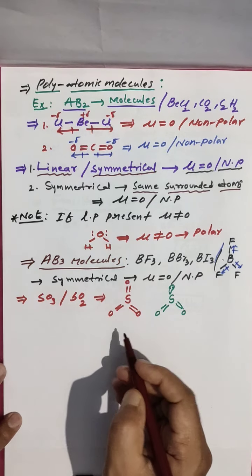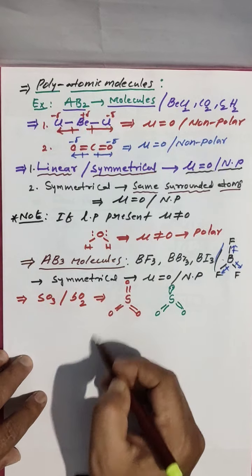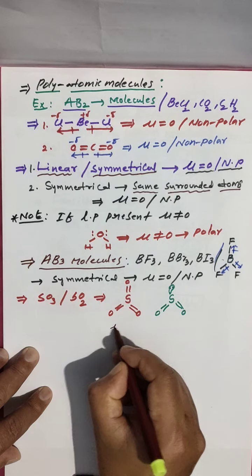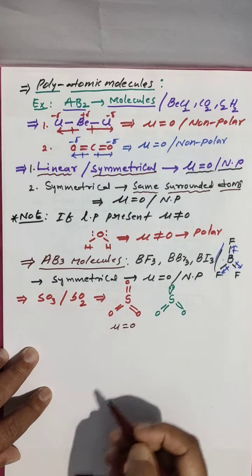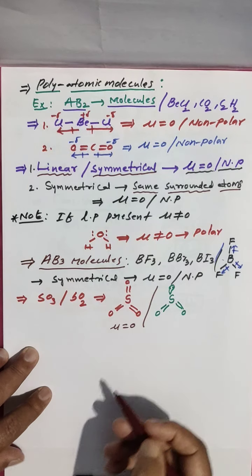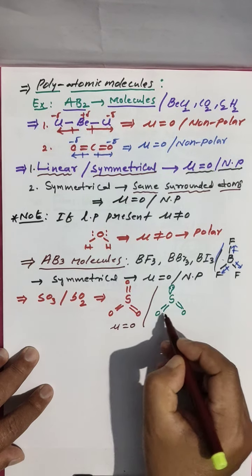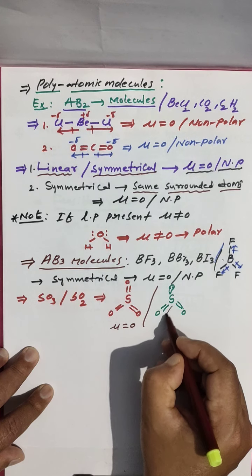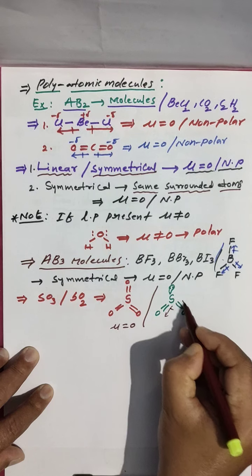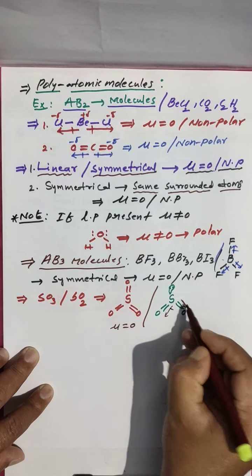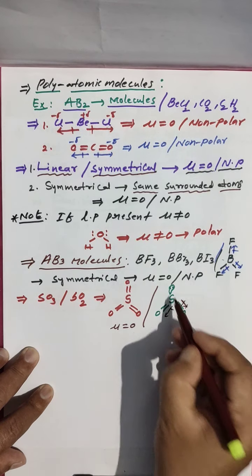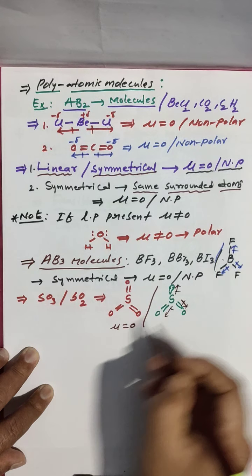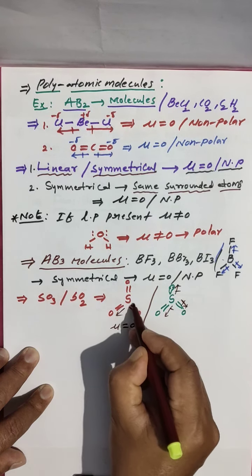See here, this is symmetrical, trigonal planar, so net dipole moment 0. But here, this is the lone pair. Pulling is towards this side, less electronegative to more electronegative, and the same on this side. And I told you a lone pair is there; towards atom to lone pair you have to show. Clear?